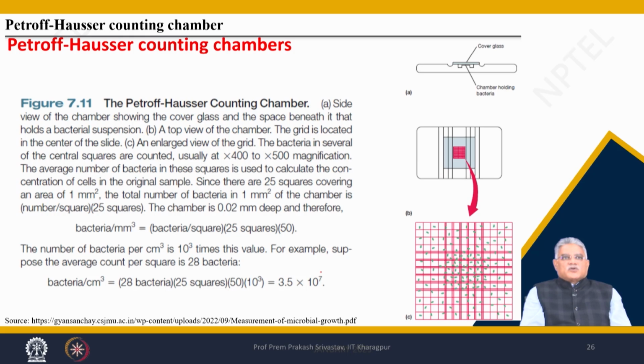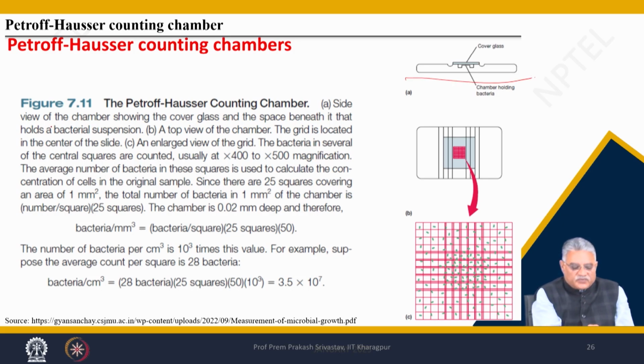This Petroff-Hauser counting chamber consists of this A, which is the side view of the chamber showing the cover glass and the space beneath it that holds the bacterial suspension. This groove holds the bacterial suspension, which is covered with the cover slip, and this is the top view of the chamber.